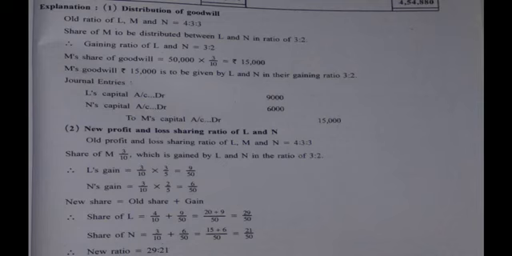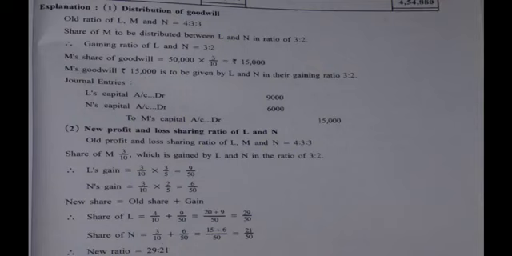So 15,000 is to be paid by L and N in the ratio of 3:2. Fine. So N's capital account 6,000, to M's capital account. Debit has been printed by mistake over there. So 15,000 credit in the capital account of M.